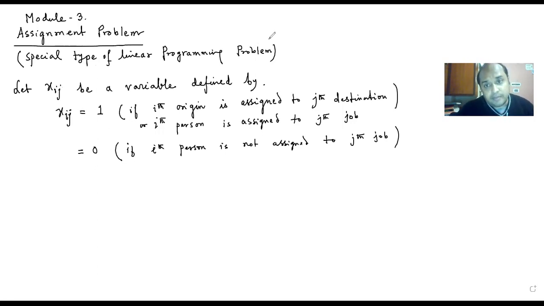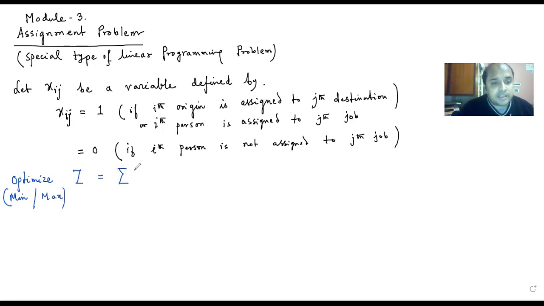What we need to optimize in this particular problem is the following. Optimize Z. This "optimize" is a general word for minimize or maximize. You all know that.